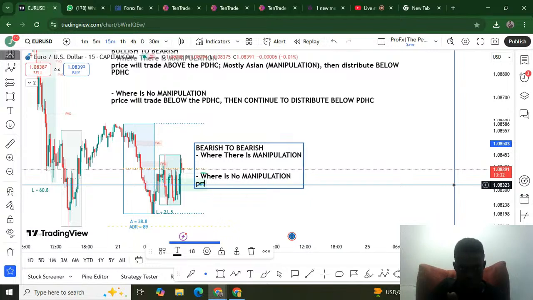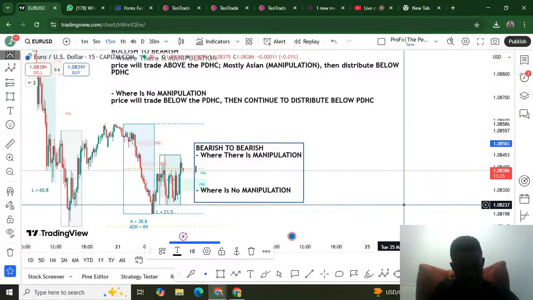That's all the market is doing: manipulate or do not manipulate. Simple. Don't complicate matters. It's already complex.